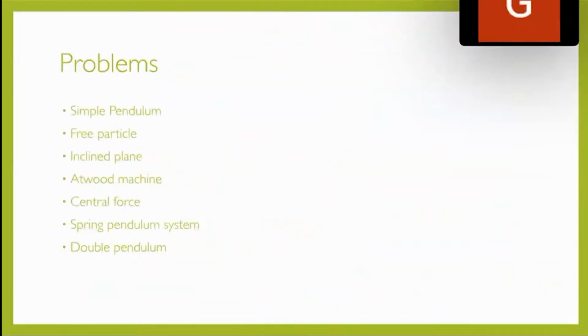Okay. So the simple pendulum we have looked at. I told you how to write the Lagrangian for the free particle. This we did yesterday. Now this you can try at home for the inclined plane. The Atwood machine we can look at again. What is an Atwood machine?